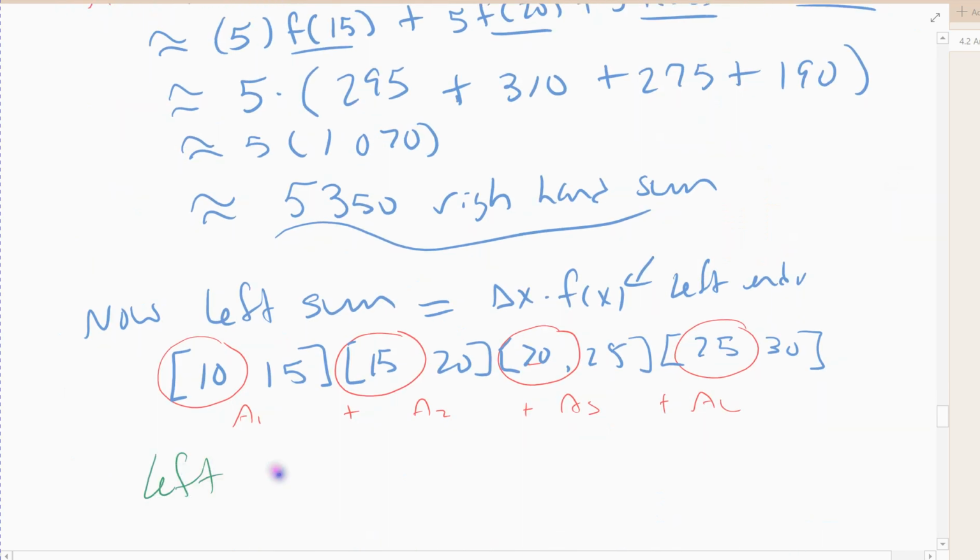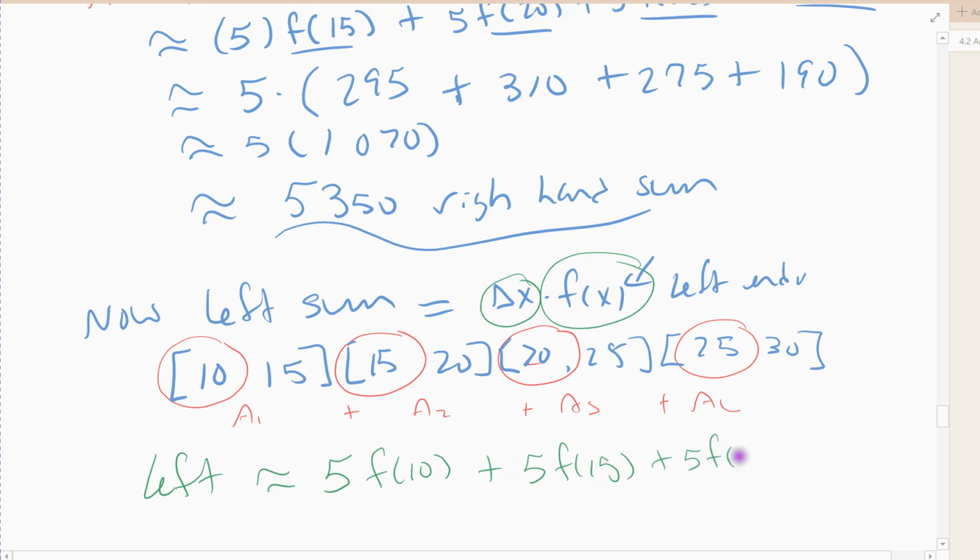It's still 5 as my width, that's my delta x, and then f of x using the left endpoint. So it's going to be 5 times f of 10, that's area 1. 5 times f of 15, that would be area 2. 5 times f of 20, that would be area 3. And then 5 times f of 25, that would be area 4. And again, we stop there.